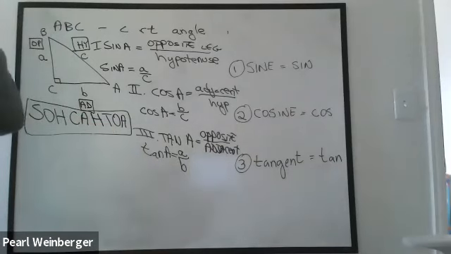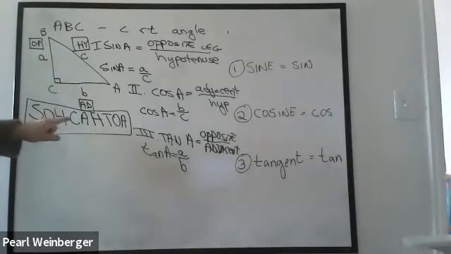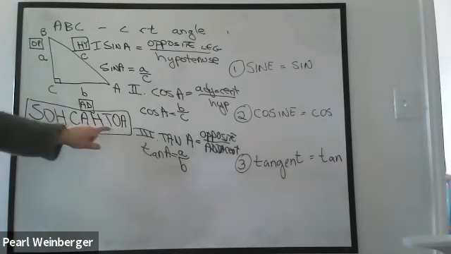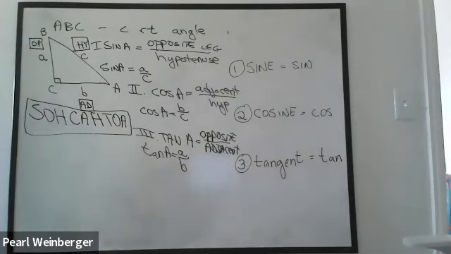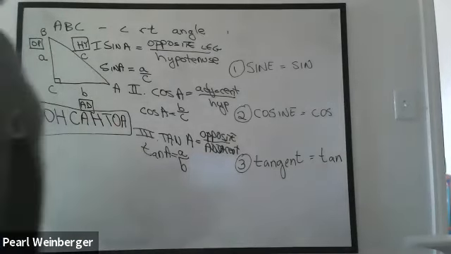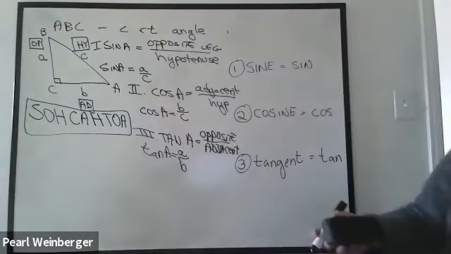So picture somebody soaking their feet in a pail of water, and that'll help you remember that the sine is the opposite over the hypotenuse, the cosine is the adjacent over the hypotenuse, and the tangent is the opposite over the adjacent. Okay, let's see how this works out in actual examples.